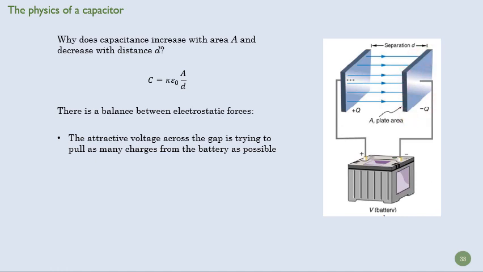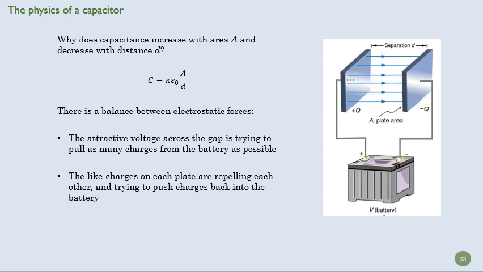They're trying to get across that gap, right? At the same time, the more positive charges I pull onto here, the more those positive charges are going to repel each other. So if I try and push too many charges on here, the force that's repelling charges back onto the battery is going to be as strong as the one that's trying to pull it towards the negative terminal.